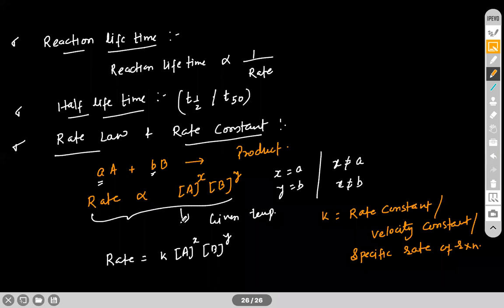Now, how is this K defined? Like I said, it is the specific rate of the reaction. So why are we calling it the specific rate of the reaction? Write down: the rate constant is the rate of a reaction when the concentration of all the reactants is taken as unity.